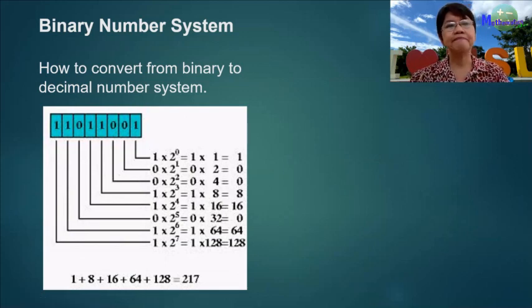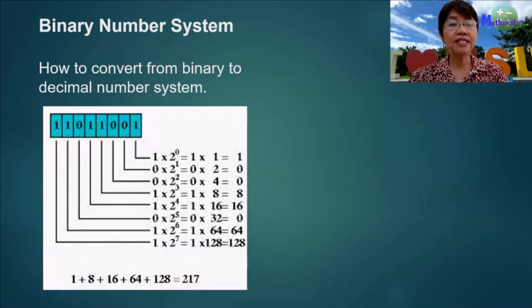And then the rightmost place value is equal to 1 times 2 to the 0 or simply 1. The second place value is 2 to the first, 2 to the second, 2 to the third power, and so on, up to 2 to the 7 in this number.